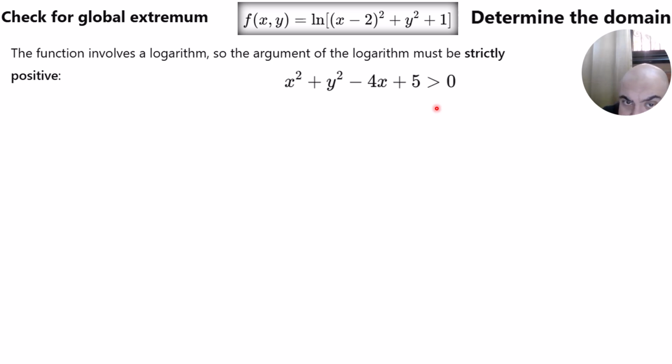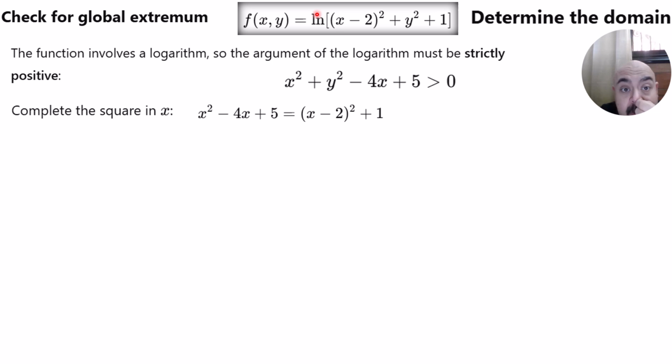That's the one that we have. We can collect the x square term, x square minus 4x plus 4. This will leave us with 1. So complete the square, and we will get the form that I showed you above, which is x minus 2 to the power of 2 plus 1.